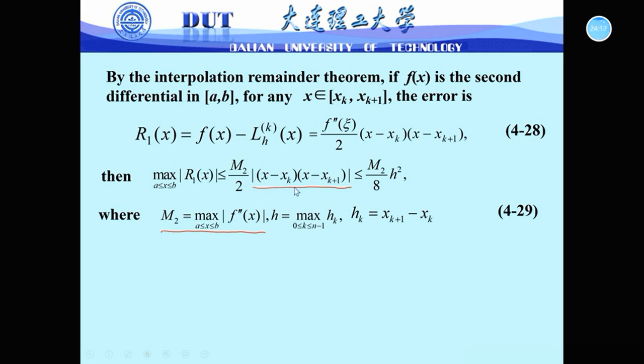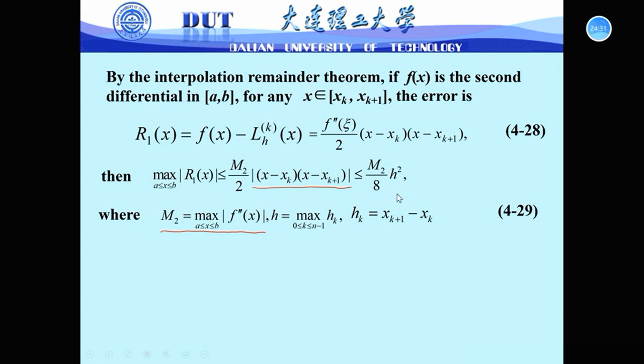Actually, if we consider the step size hk equal to xk+1 minus xk, and h is the maximum of hk, then each term is less than h, so here h squared.